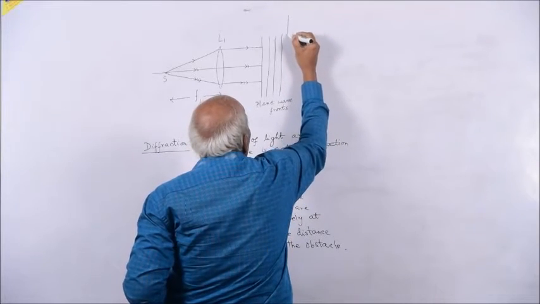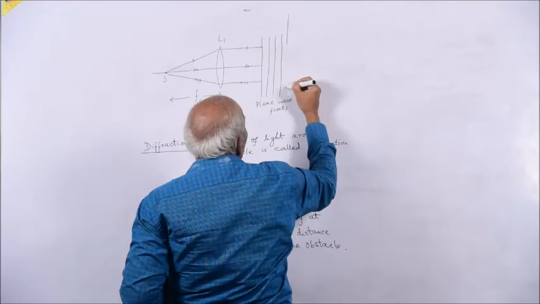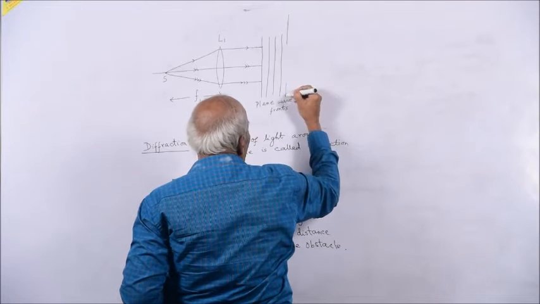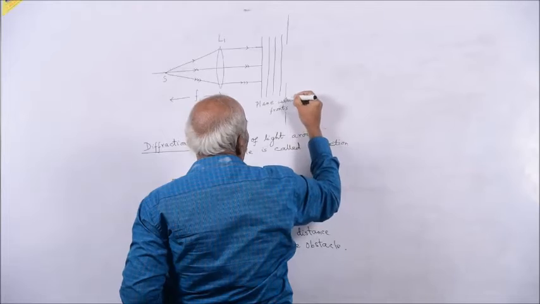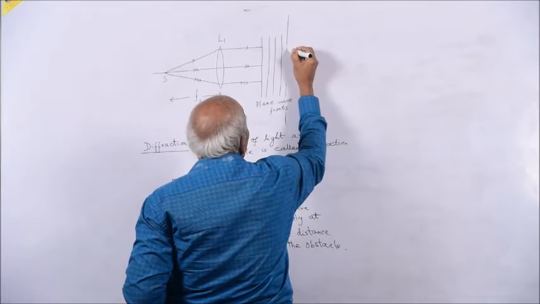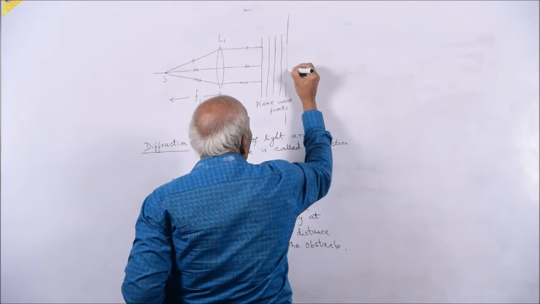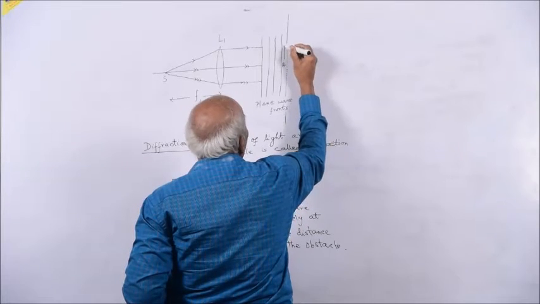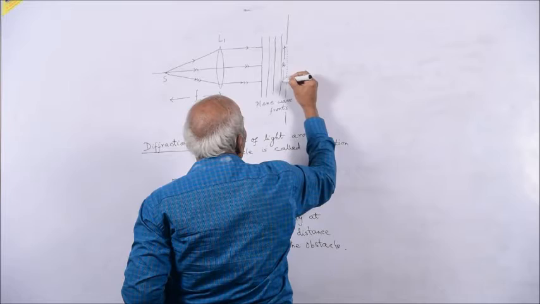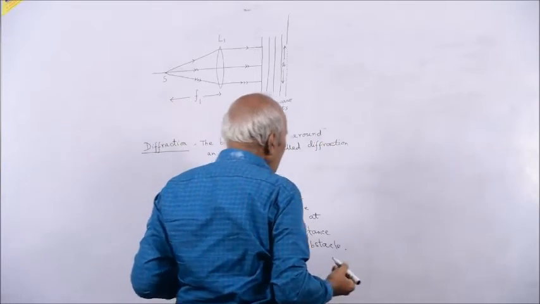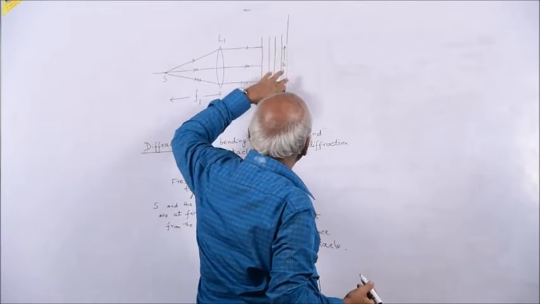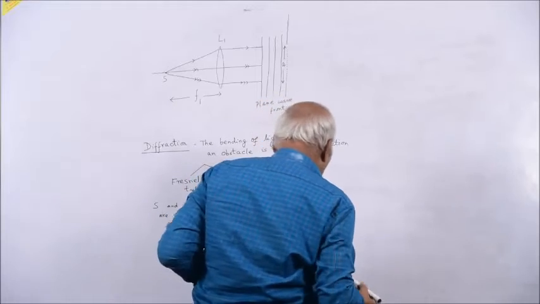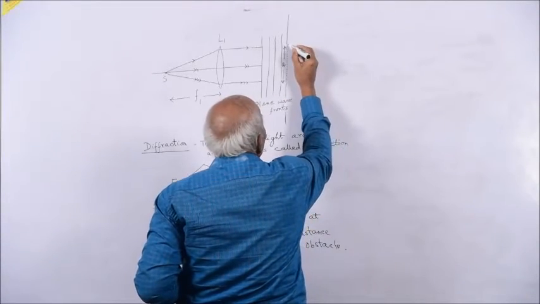And there is a slit. Actually, the slit is small, but we show it enlarged to explain the thing. So, this is the slit, and the slit width is a, suppose. And this slit consists of many small sources.